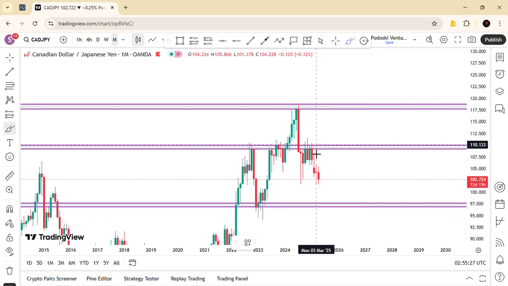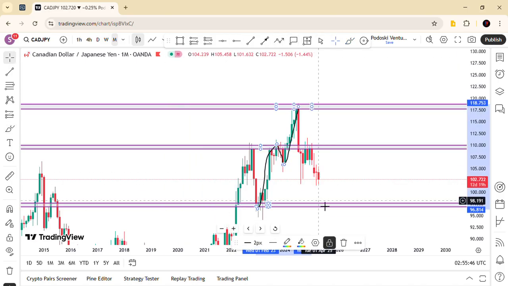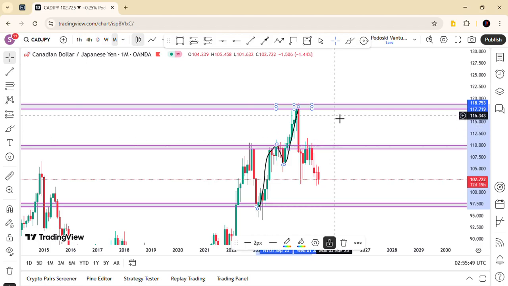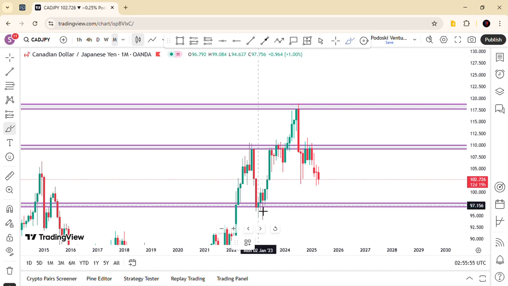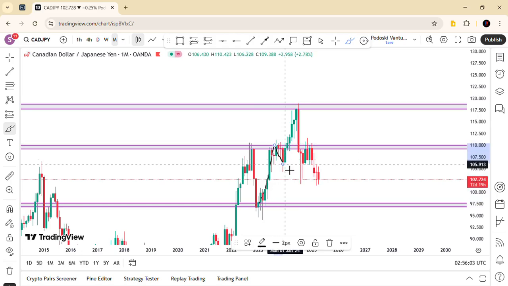Okay, so from this monthly lower zone, price went all the way tapping to the monthly midway zone, then dropped, creating a higher low, then went for the upper zone.